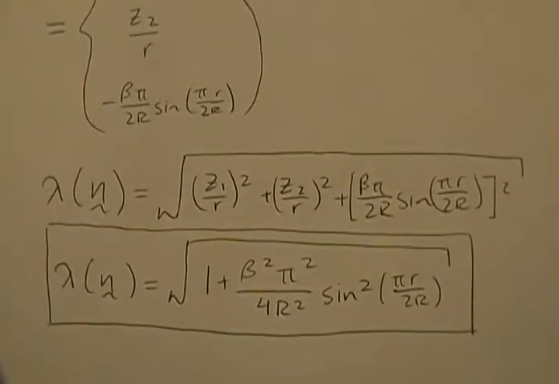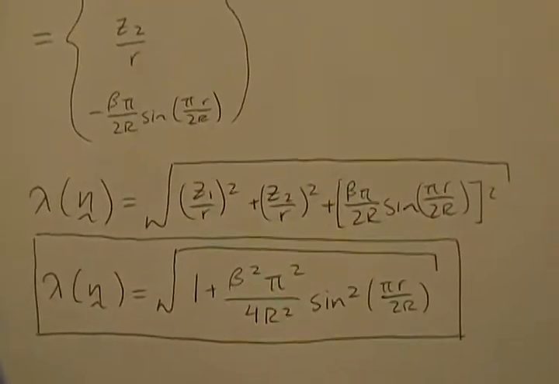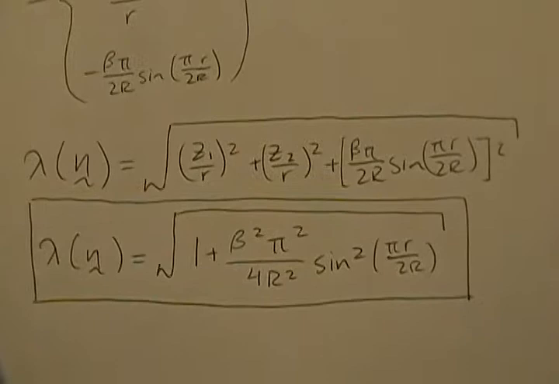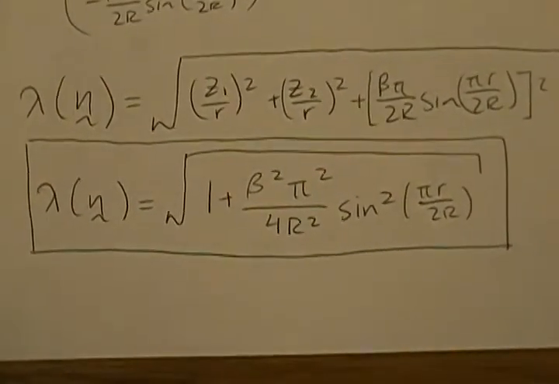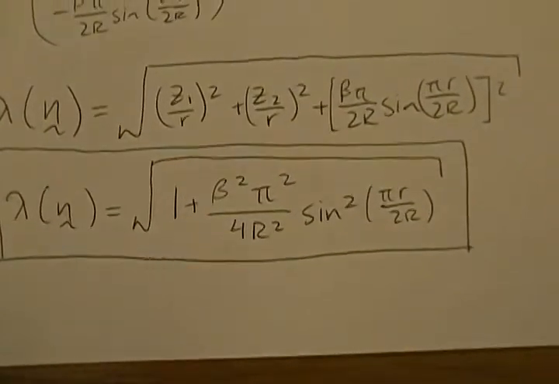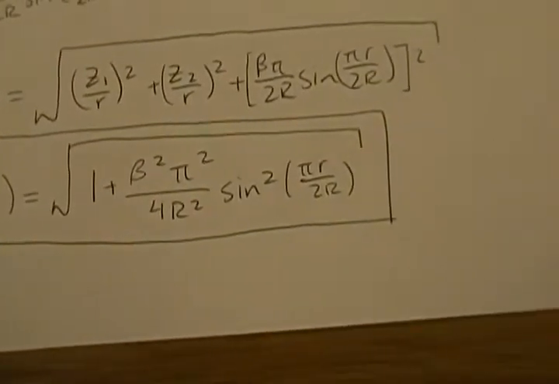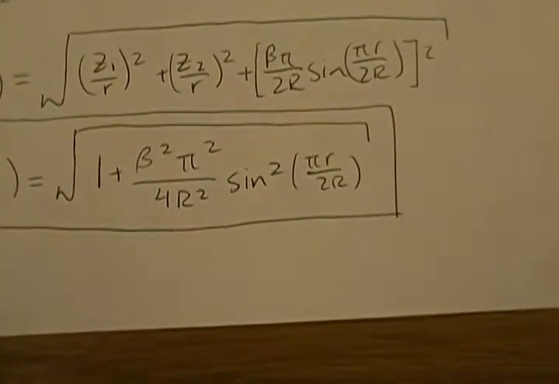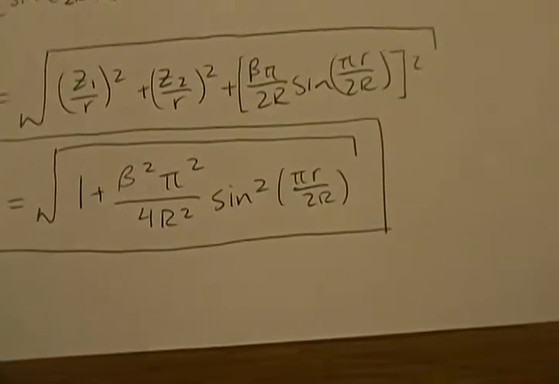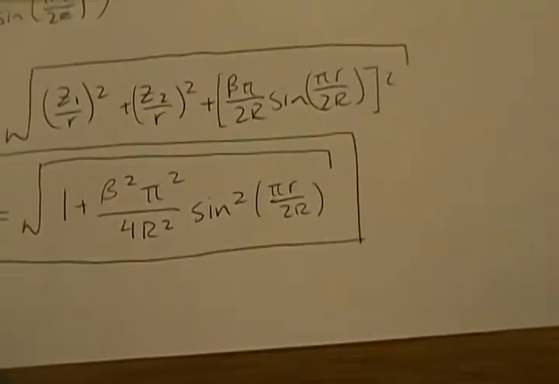Simply taking the square root of the sum of all the squares of the components of that vector. Lambda n is then equal to the square root of 1 plus beta squared pi squared over 4R squared times sine squared of pi r over 2R.